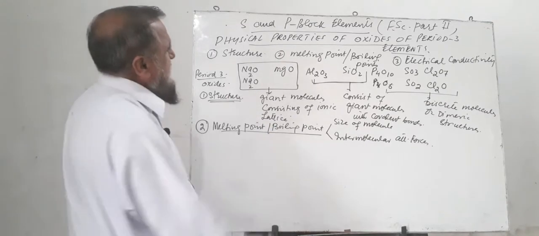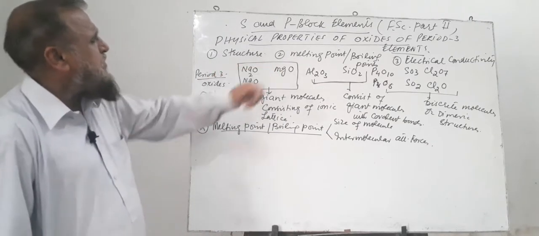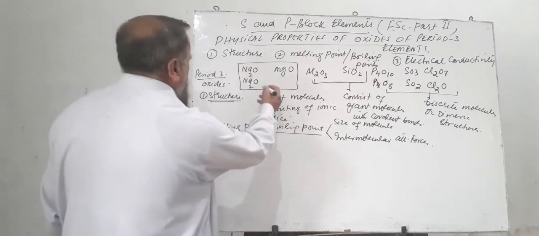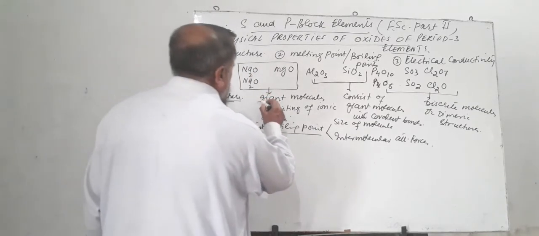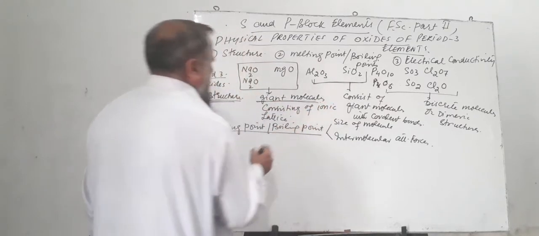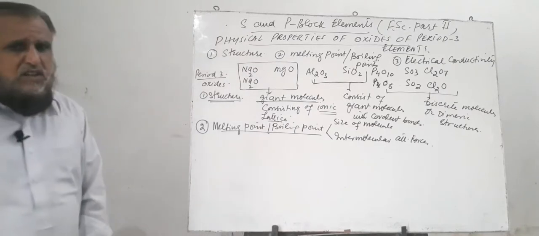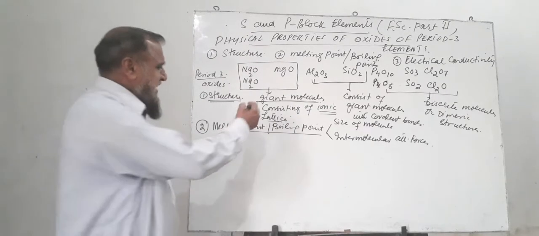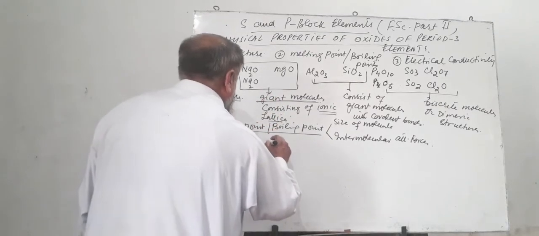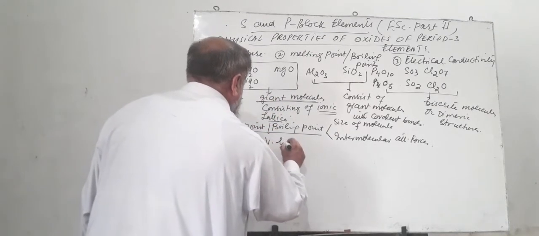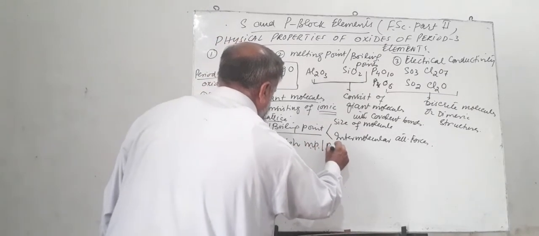Now, if we consider the trends in the oxides of period 3 elements, the oxides of sodium and magnesium consist of very large, giant molecules having stronger attractive forces, which are known as ionic bonds. That is why they will have very high melting point and boiling point.